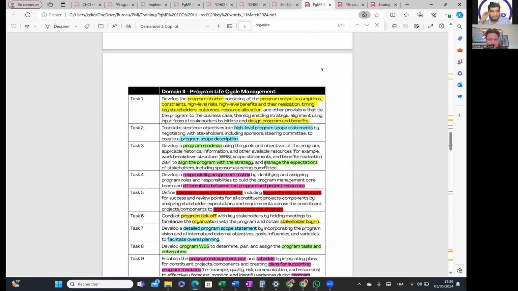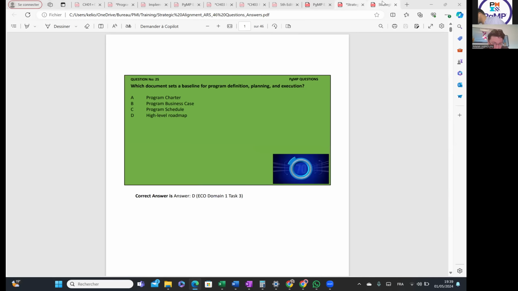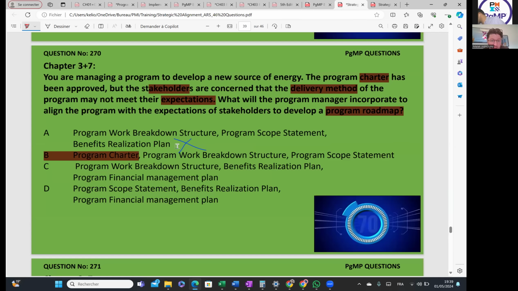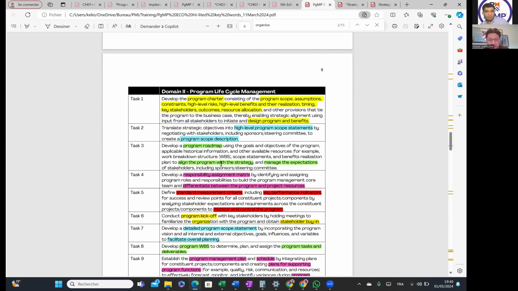Okay, so he didn't say the benefits. The benefits are in the benefit realization plan. Simply it is written in the ECO: WBS, scope statement and benefit realization plan. Yeah, okay, here.